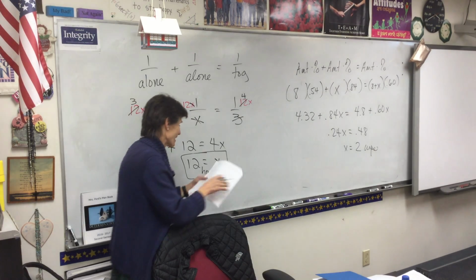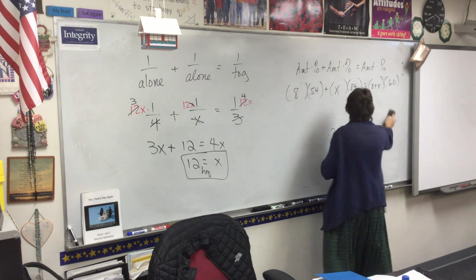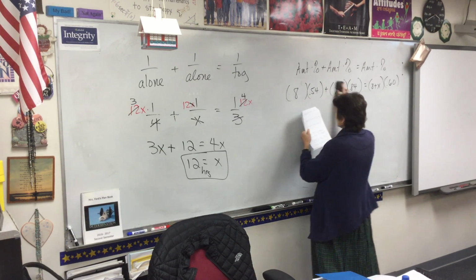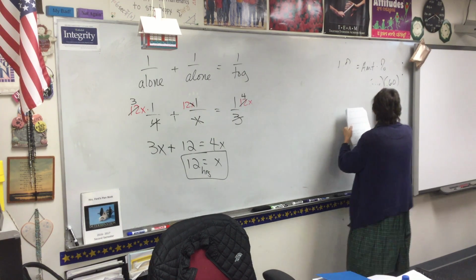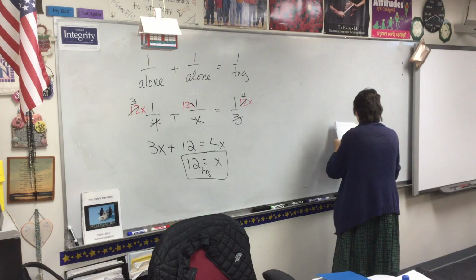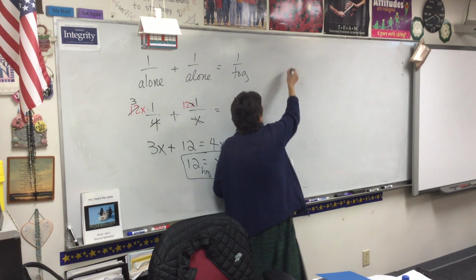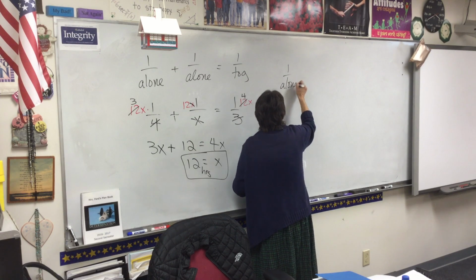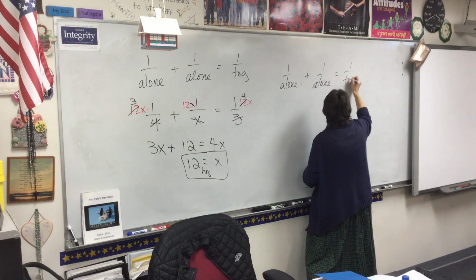Yes, exactly, the procrastinator. All right, one more quickly, here we go. Grant can paint the football field in 8 hours. Matt can do it in 6 hours. How long will it take them to do it together? So we do 1 over alone plus 1 over alone equals 1 over together.